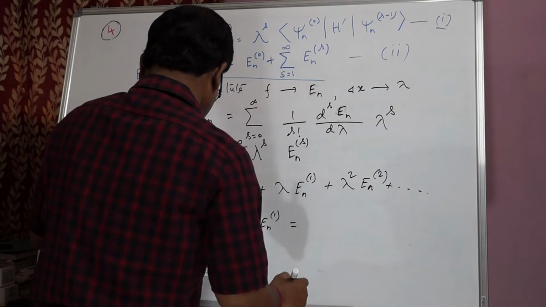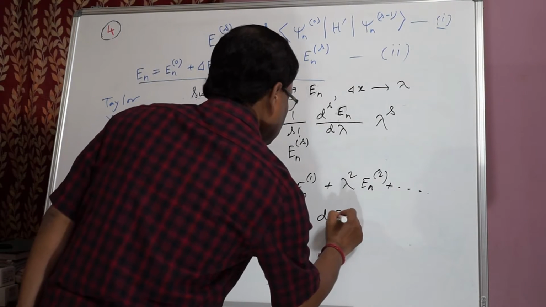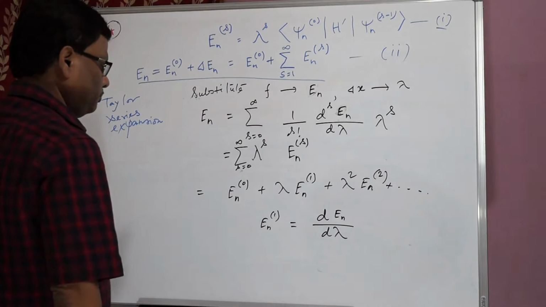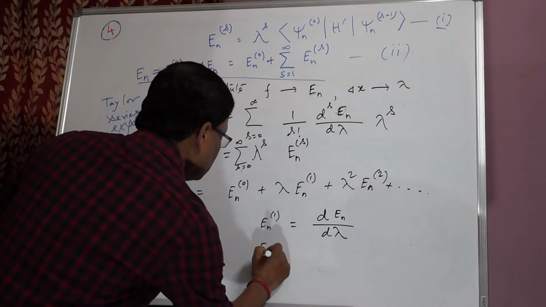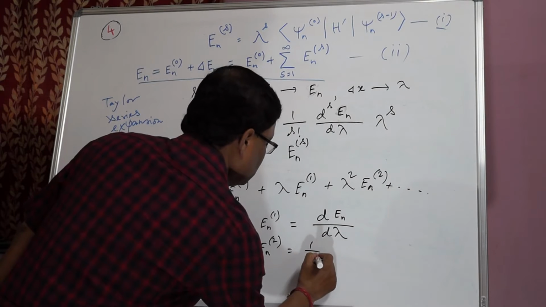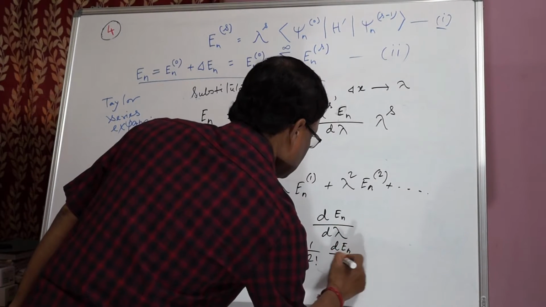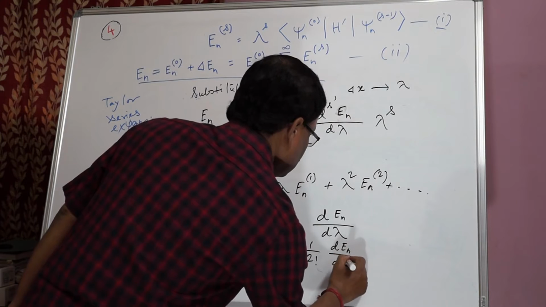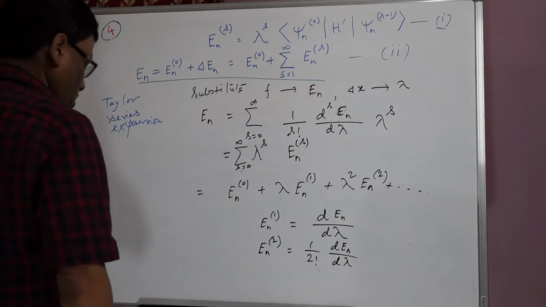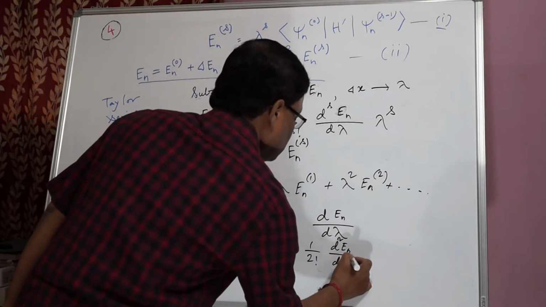can be written as dEn by d lambda, and En2 is 1 by 2 factorial d2 En by d lambda squared.